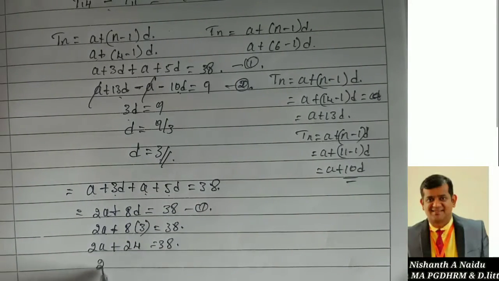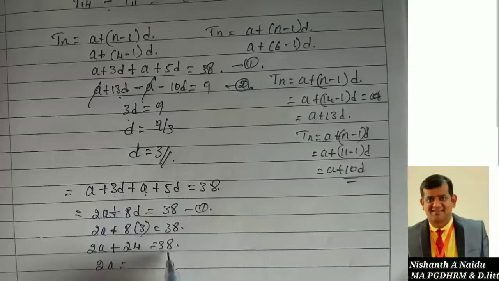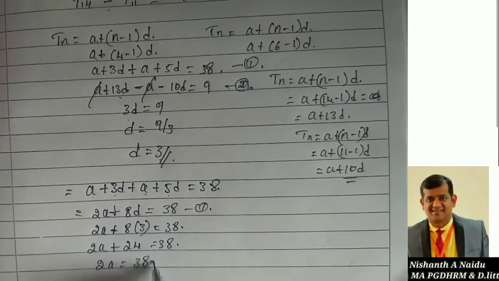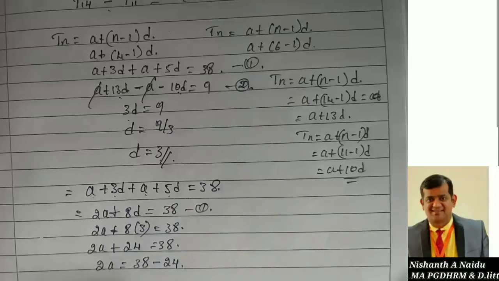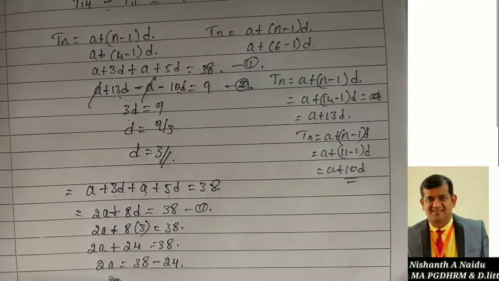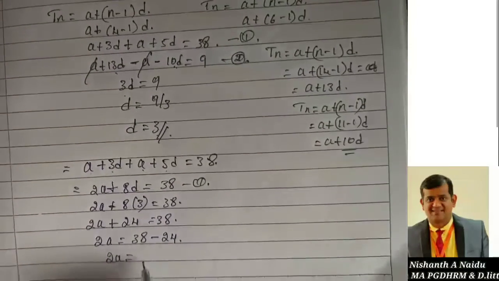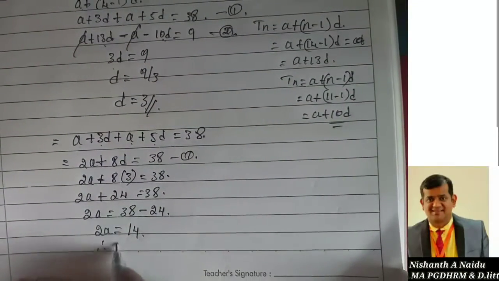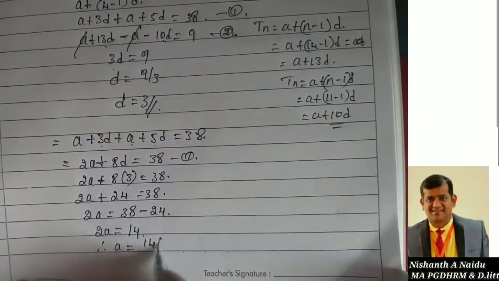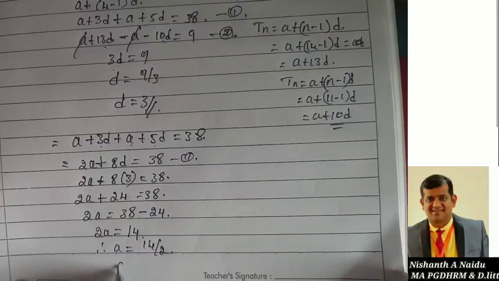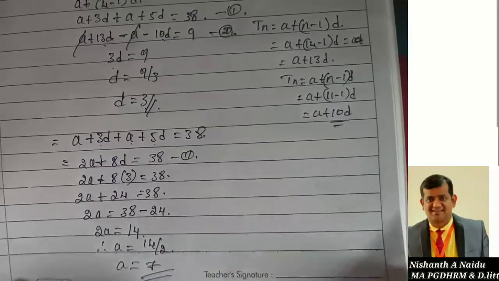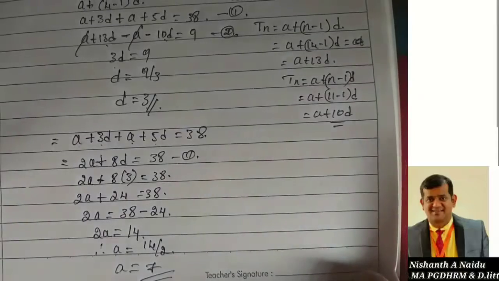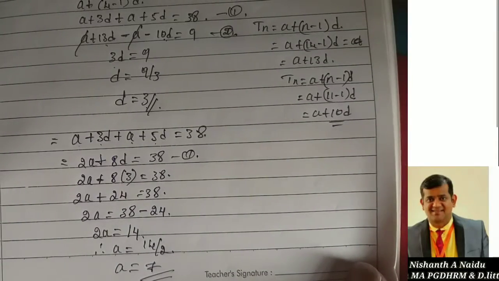So in the next stage, 2a equals 38, I am bringing this side minus 24. So that becomes 2a equals 14. Therefore a equals 14 divided by 2. So a equals 7. So we got the value of a. Correct? Yes. So we will move further.